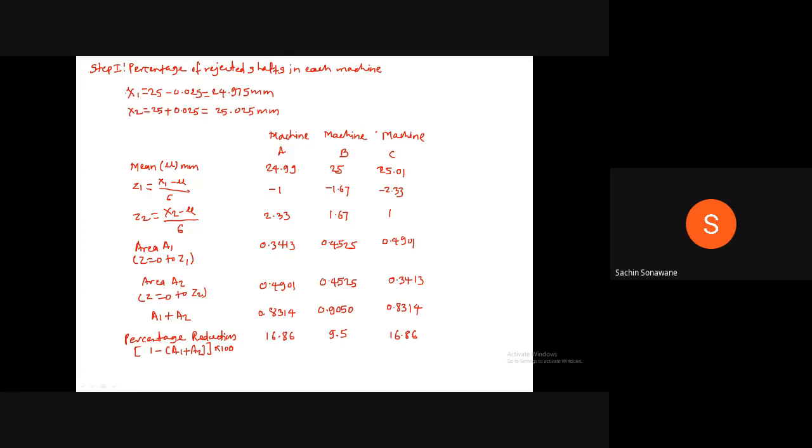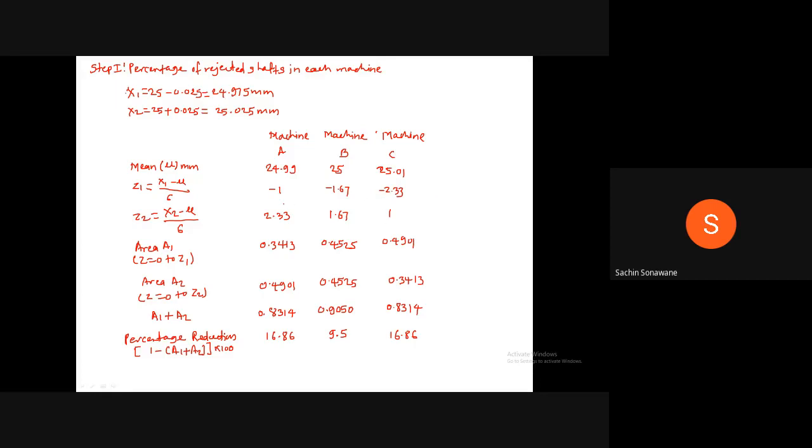Okay, I think you have written. Now what we'll do? Whatever these values are there, Z1 and Z2 for each machine. Z1 is equal to -1, Z2 is equal to 2.33. Again, Z1 is equal to -1.67, Z2 is equal to plus 1.67, Z1 is equal to minus 2.33, Z2 is equal to 1.